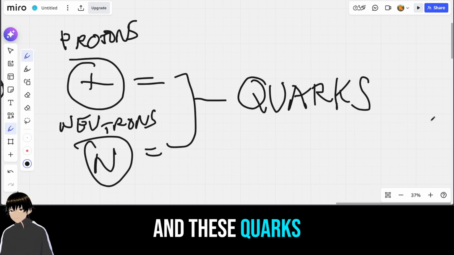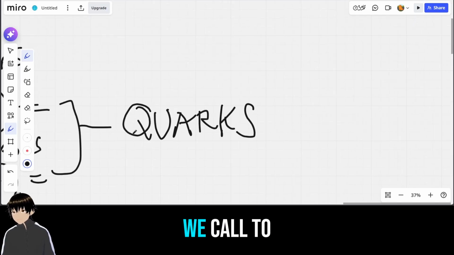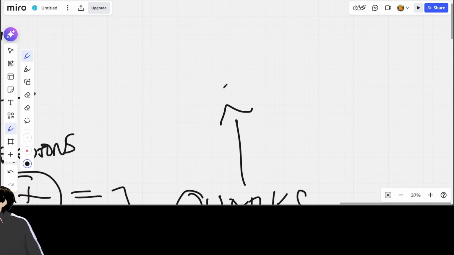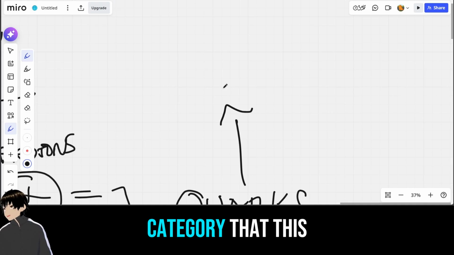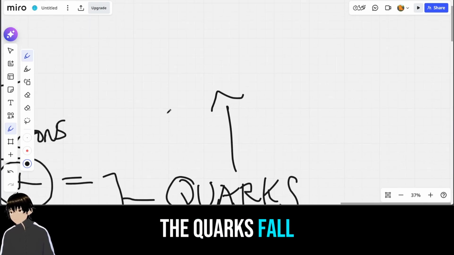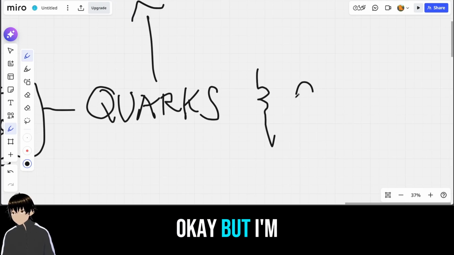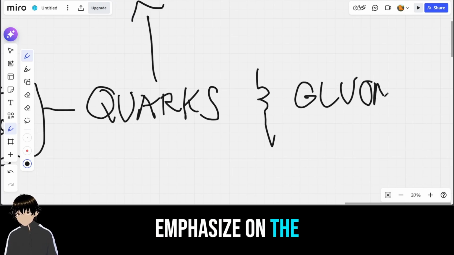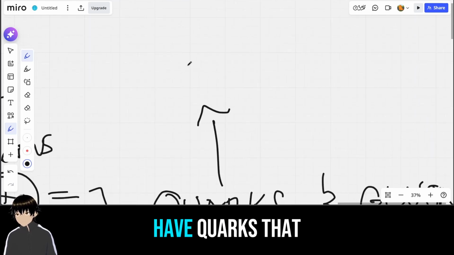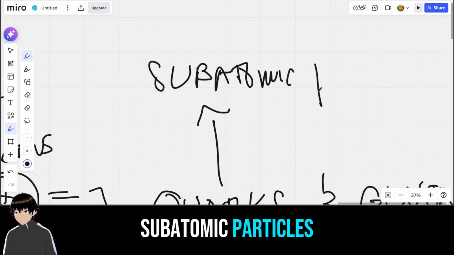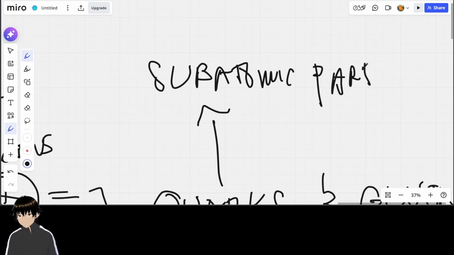And these quarks, to the general category that the quarks fall under, we have quarks and gluons, but I'm not going to emphasize the gluons. So we have quarks that basically categorize into subatomic particles.